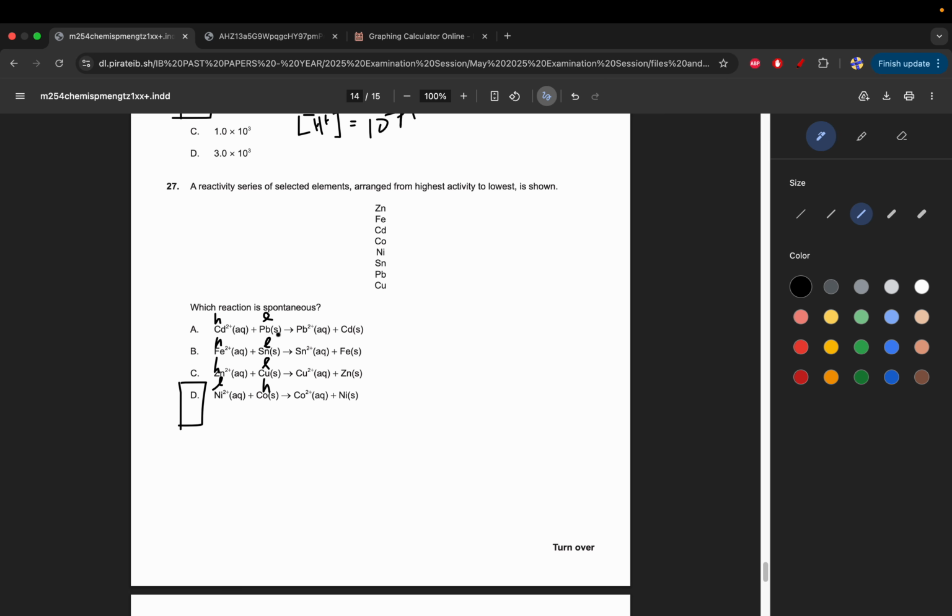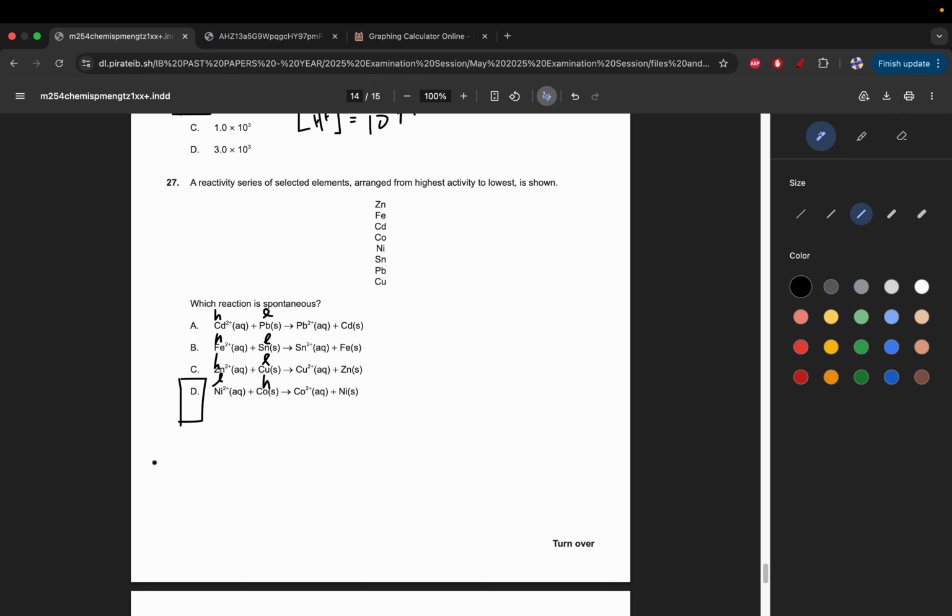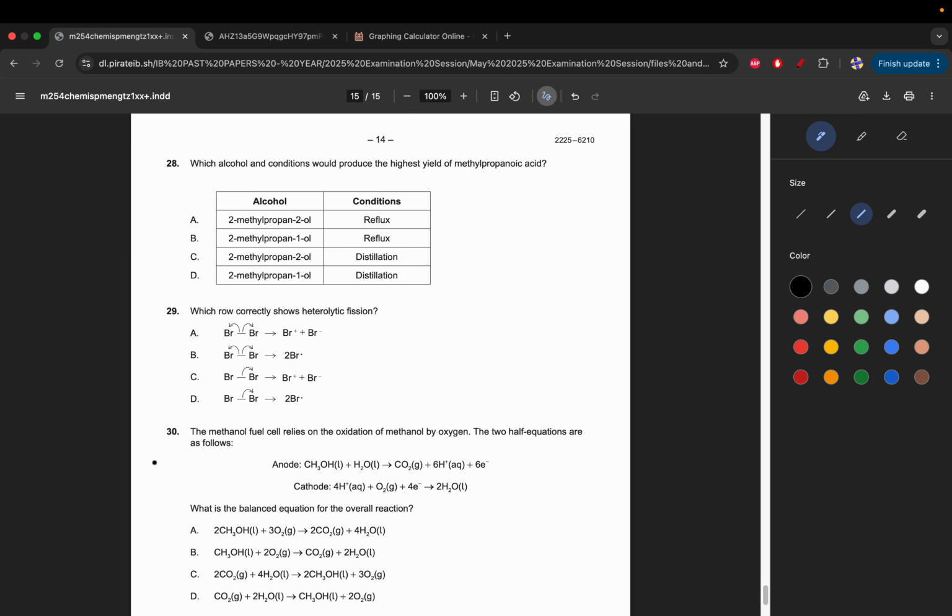Something that's lower is not going to take away or give them the electrons anymore. So the higher you are in the activity series, the more you want to turn into an ion. If you're already turned into an ion, then you're not going to do anything more. So it's impossible to make these do anything more. This one is higher, so it's going to turn into an ion, and it's able to do that because it's higher than the nickel. So that's D.